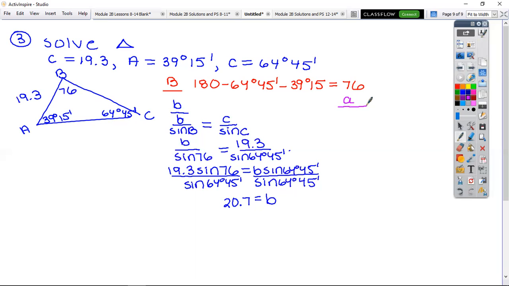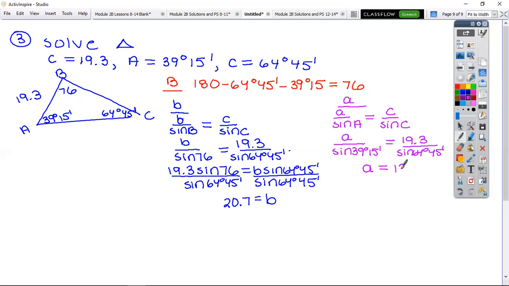C was the one that we knew, so I'm going to go a over sine of A equal to c over sine of C. So this setup would be a over the sine of 39 degrees, 15 minutes equal to 19.3 over the sine of 64 degrees and 45 minutes. Okay, definitely show me that setup.